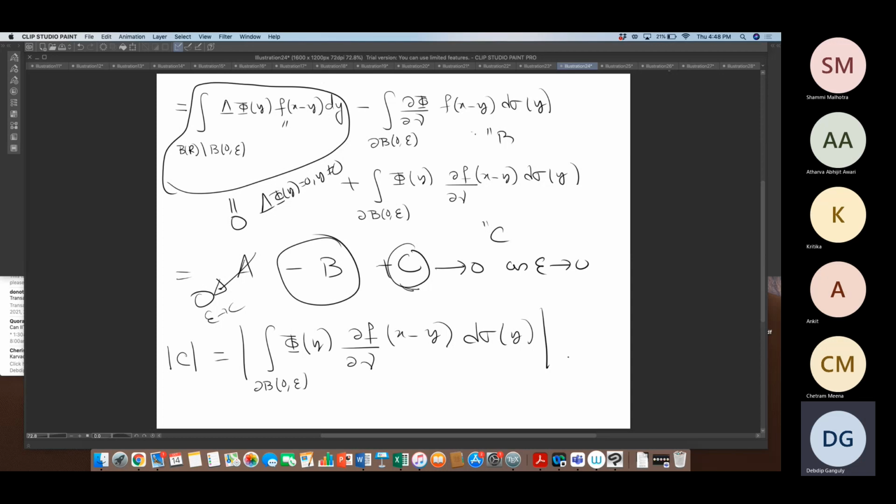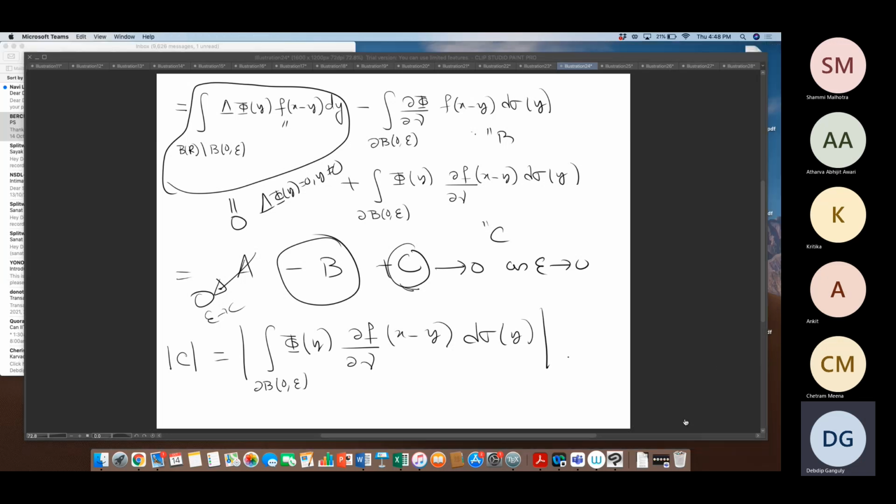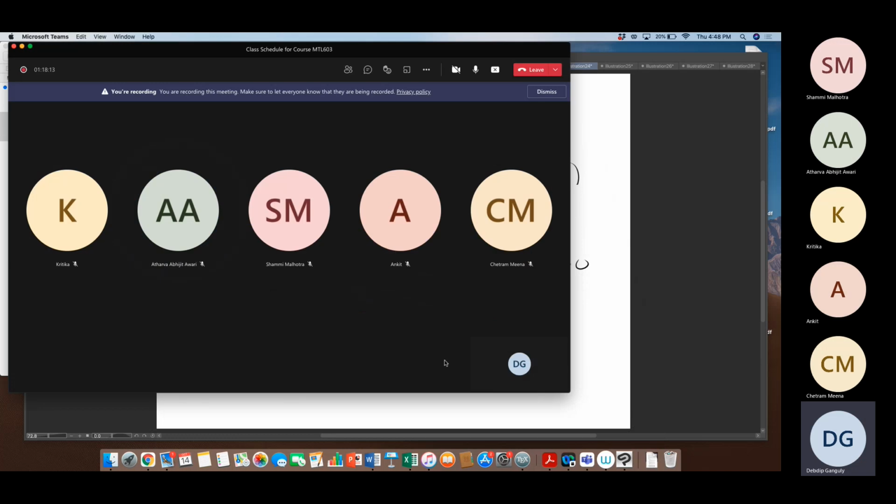Just try to do it yourself. If you are stuck, then you will see. This is the hard theorem. Anyway, we have solved one of the hardest theorems in this course, that minus Laplacian of u equals f. Is that clear? Kritika, Atharva, Shammi, Ankit, Chitram.